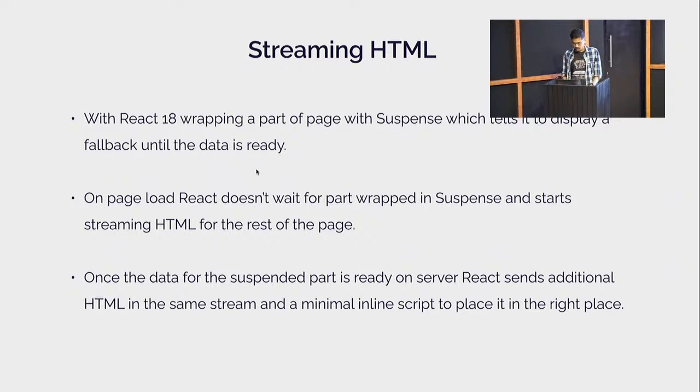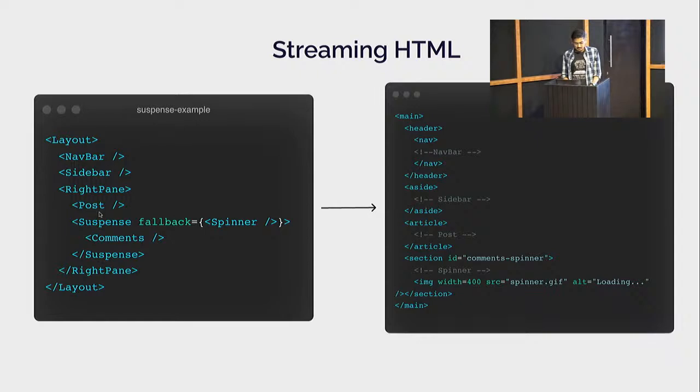So again, to see how it works: this is the same app, but let's assume that our comments API is very slow and takes a lot of time to fetch. So we wrapped it in Suspense. What happens in the initial HTML output is we get a spinner for comments.